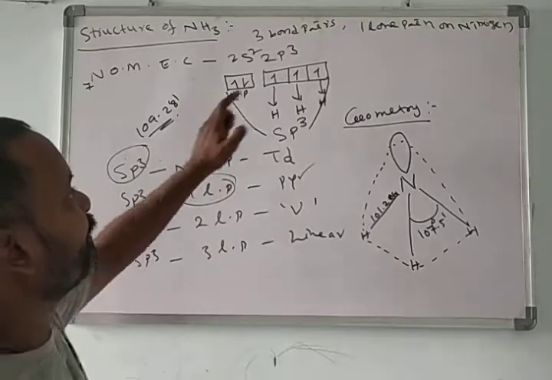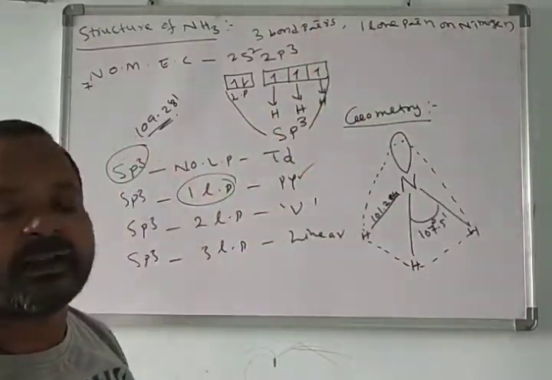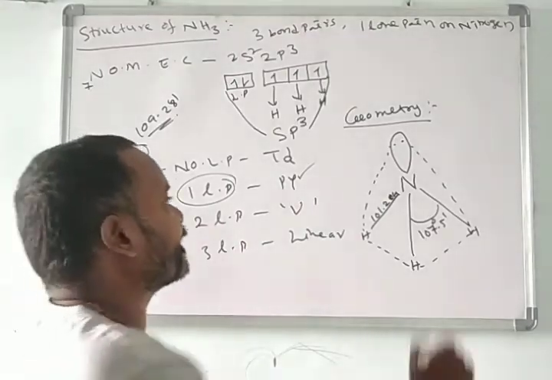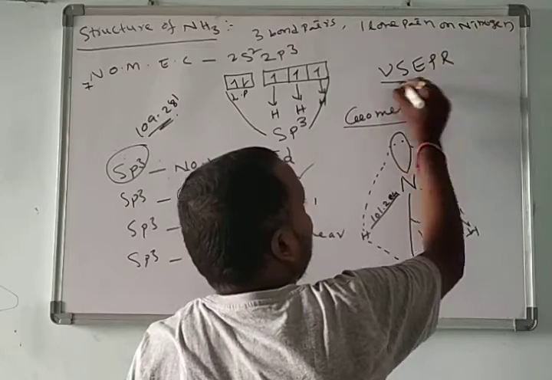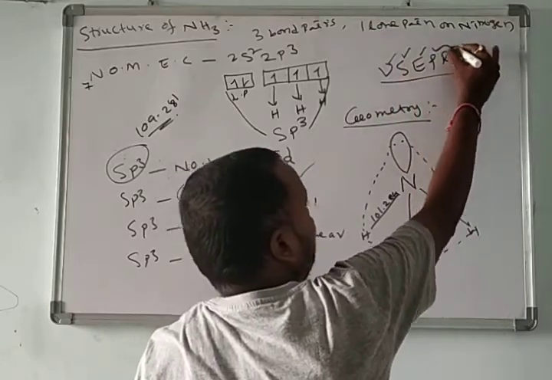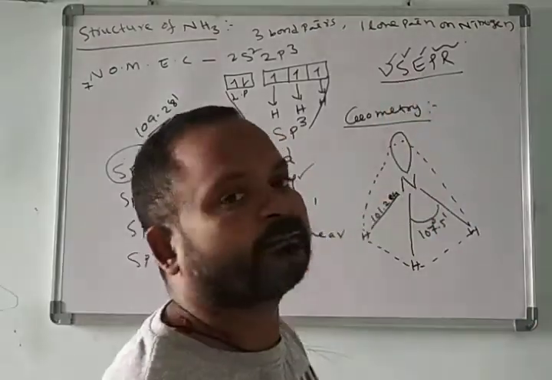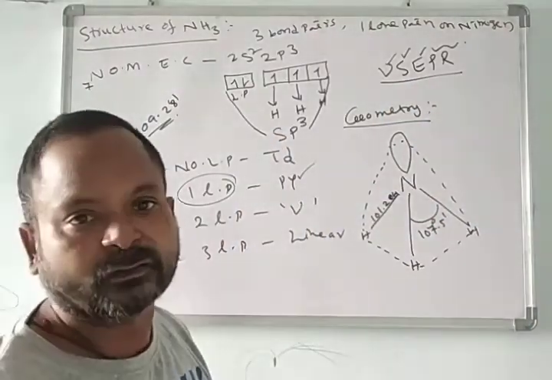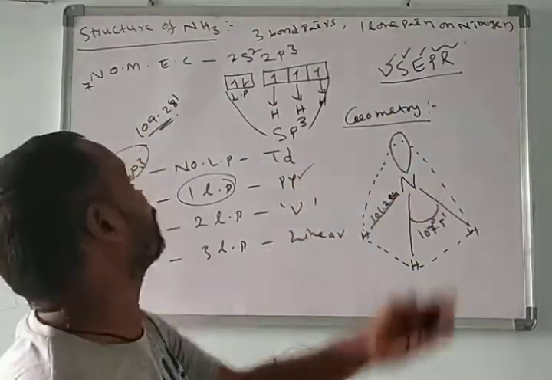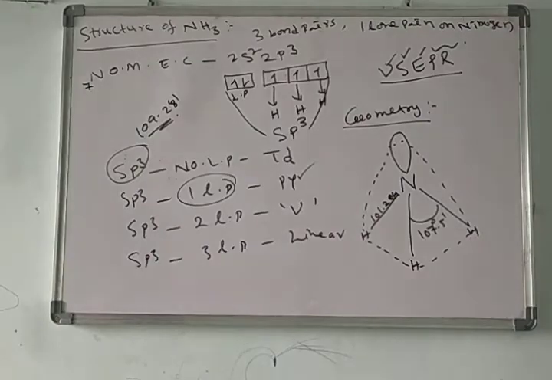Due to the repulsive forces between bond pairs and lone pairs, according to the VSEPR theory. What is the VSEPR theory? Valence shell electron pair repulsion theory. Based on this theory, bond angle decreases, geometry also changes. This is about the structure of ammonia.